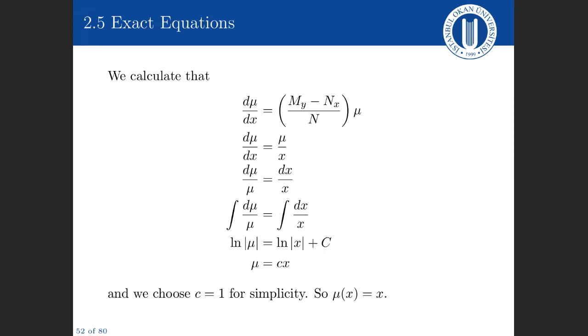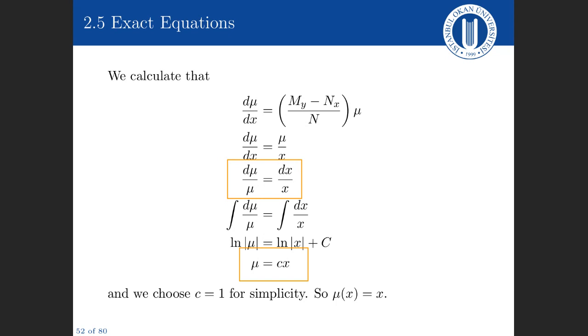We can separate the variables. The mu we can take to the left, the dx we can take to the right. And we get d mu over mu is equal to dx over x. All of the mu terms on the left, all of the x terms on the right. We've separated the variables, therefore we're allowed to integrate this. After we've integrated, rearranged, and simplified, we find that mu must be cx for some non-zero constant c.